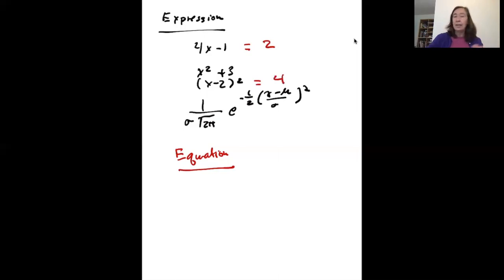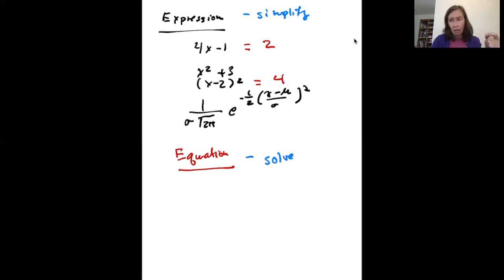We could add equal signs with something else on the other side and make any of these into equations. When we have an expression, what we want to do is simplify. What we want to do with an equation often is solve.